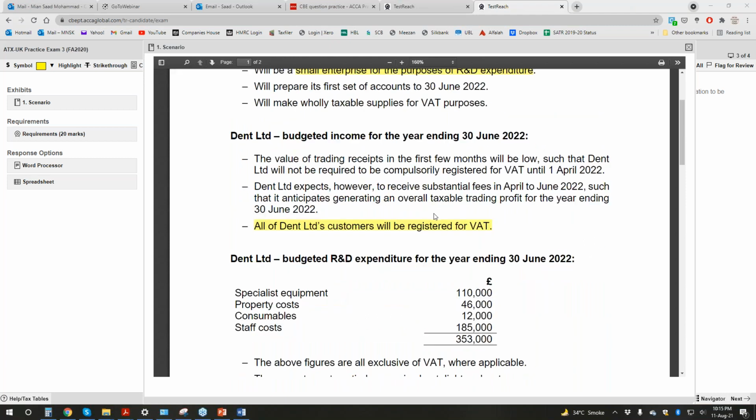Now, moving on, I can suggest to them that if the company starts registering voluntarily for VAT as soon as they start the business, it will help them to recover all of the input VAT incurred or suffered on services as well as goods.